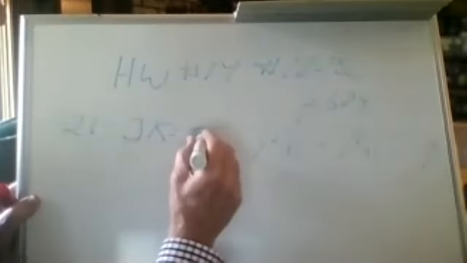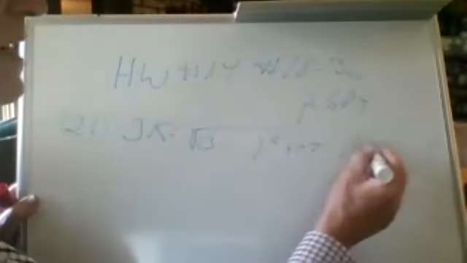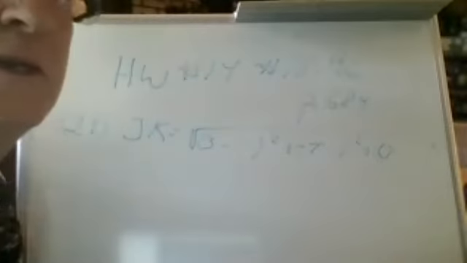Okay, so point J is 3, -7, and 0. And then point K is 5, 1, and 7.